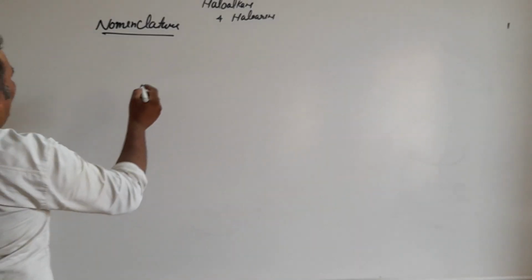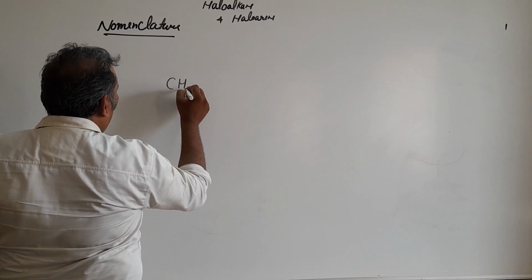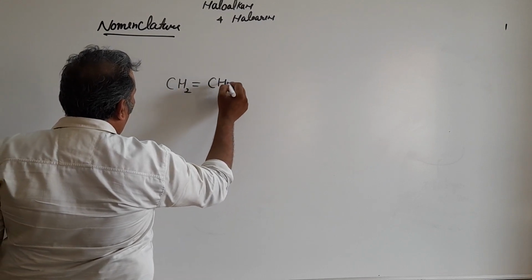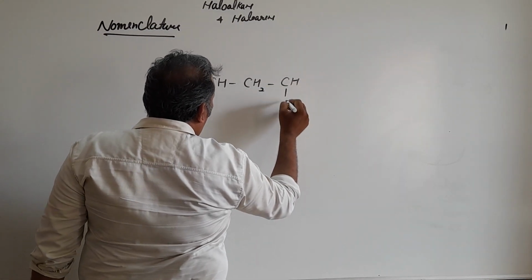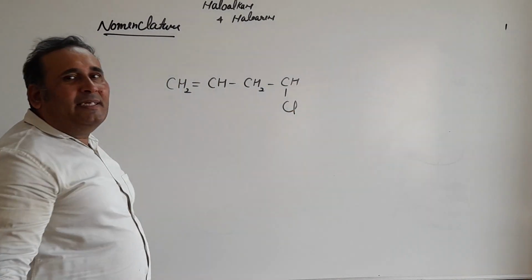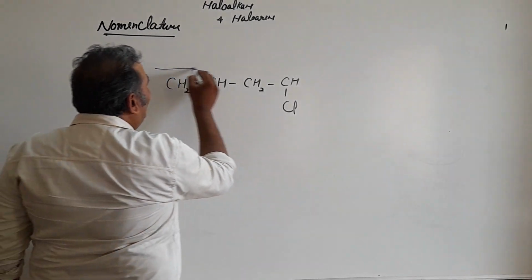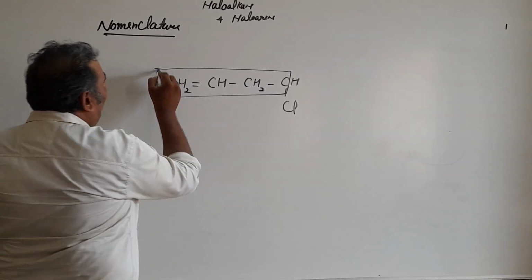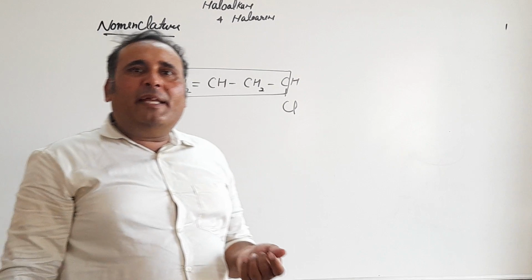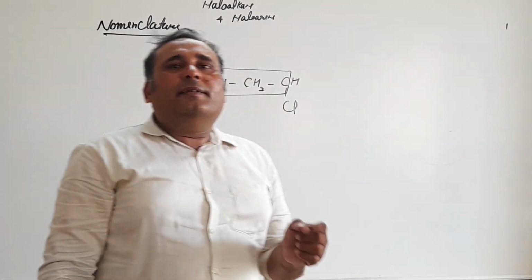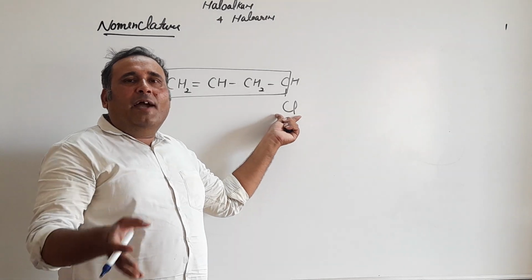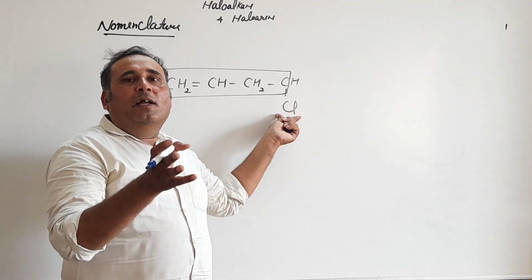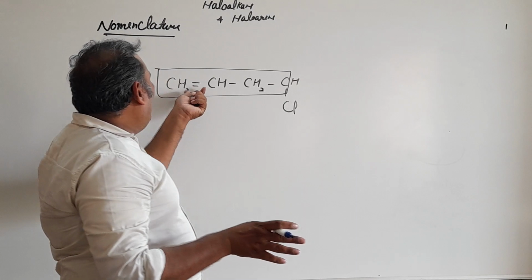For example, if we have simply this compound, first of all we choose the longest carbon chain. When we are numbering the parent carbon chain, we have to remember that halogen atoms have very low priority, even lower than the carbon double bond.